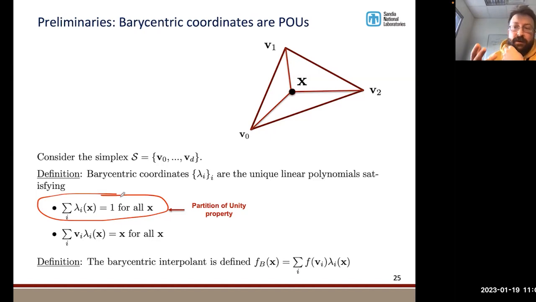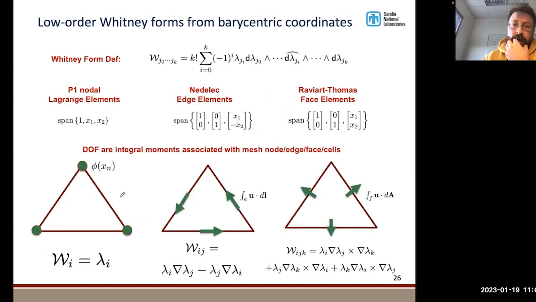These would be like your usual P1 Lagrange interpolant, piecewise linear finite elements, like the first finite element space you would usually work with. Those are an example of barycentric coordinates. The idea with a Whitney form is that it has this definition.